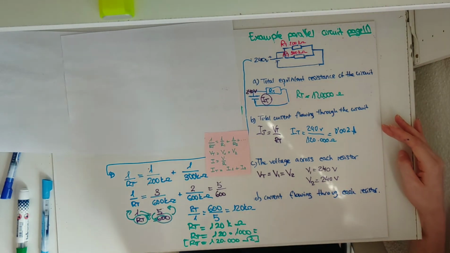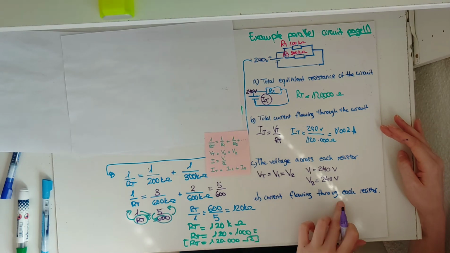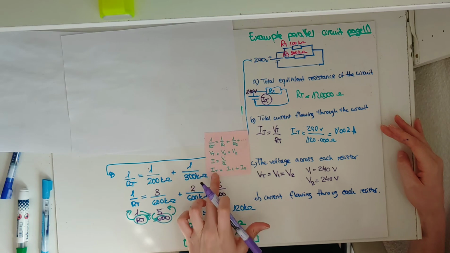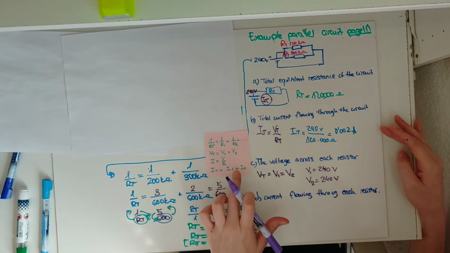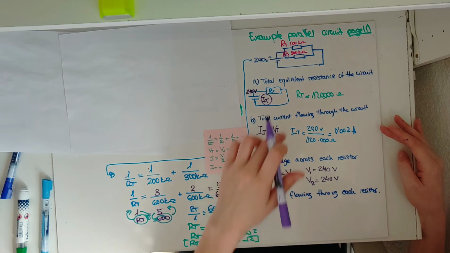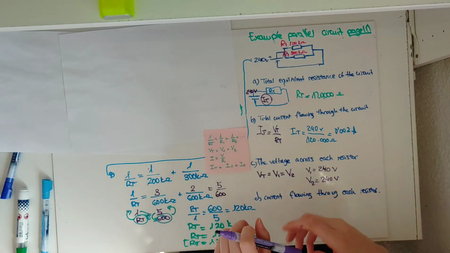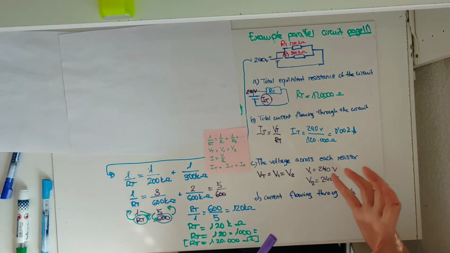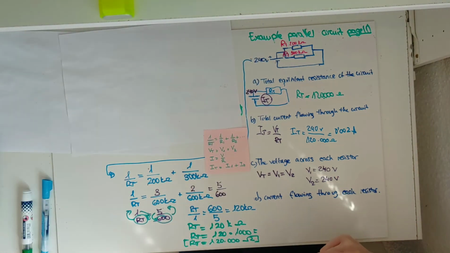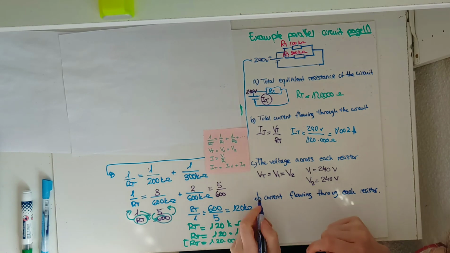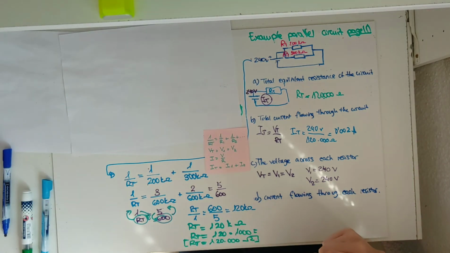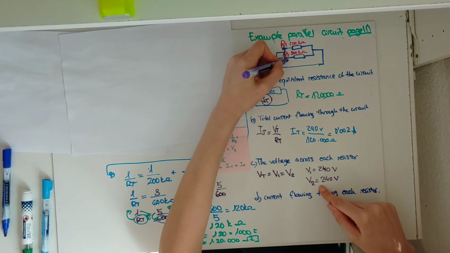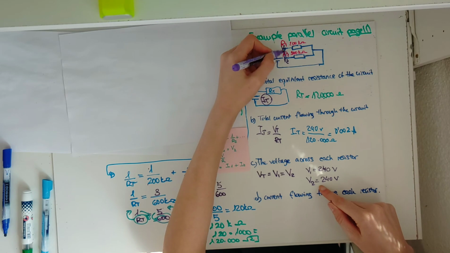Okay, now the last one, current flowing through each resistor. Here I know that the total current is the sum of the two currents flowing in each resistor. So let's see. What I have to do here is to apply, I have the voltage and the resistance.